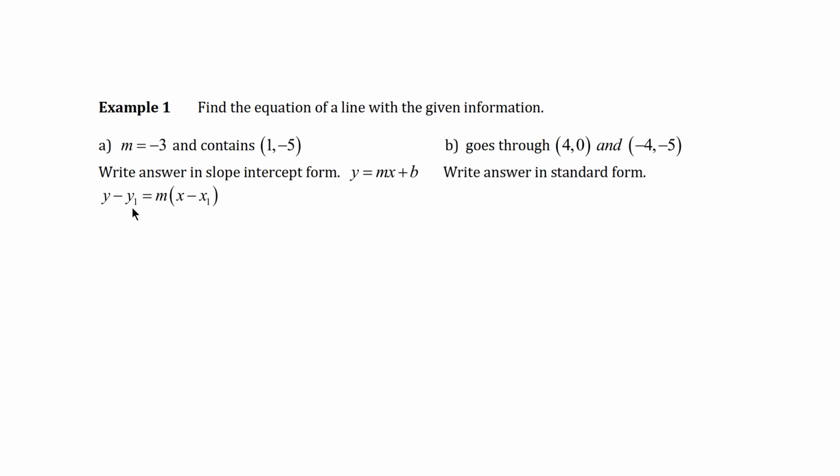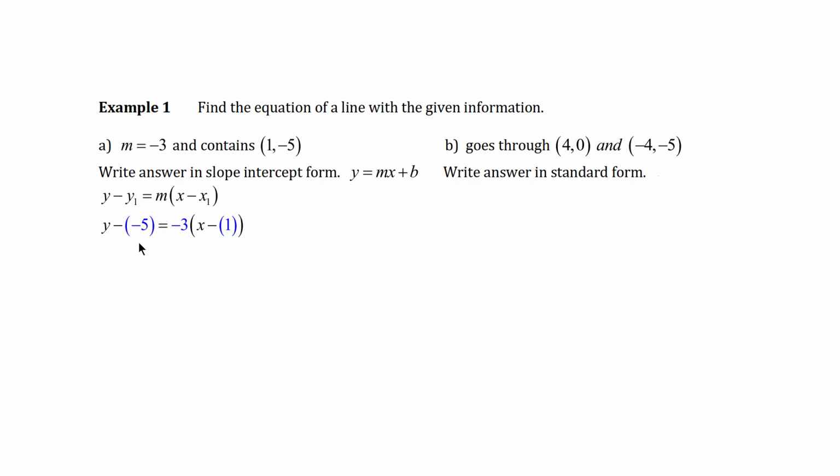First, we need the point-slope equation, which is y minus y1 equals m parentheses x minus x1. Next, we substitute in the value for m, which is -3, and then we plug in our point 1 comma -5. So we plug in 1 for x and -5 for y. We get y minus parentheses -5 close parentheses equals -3 parentheses x minus 1 close parentheses.